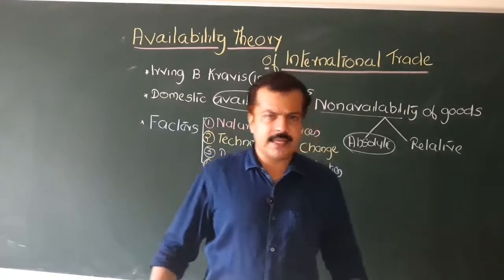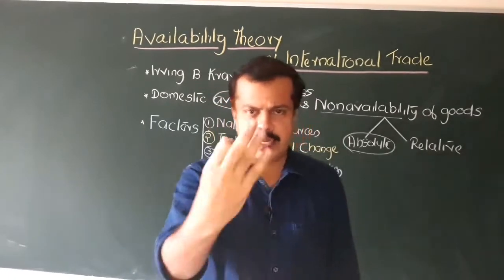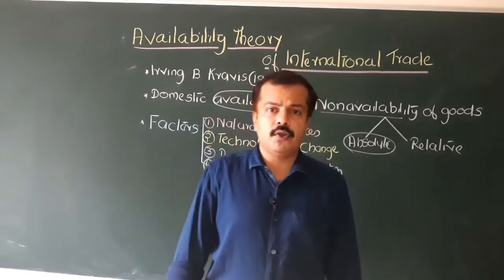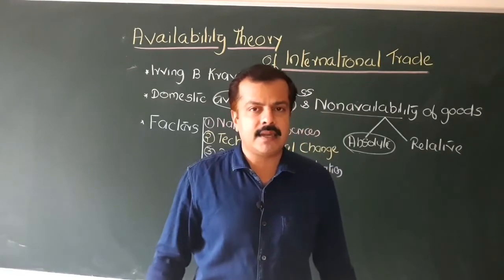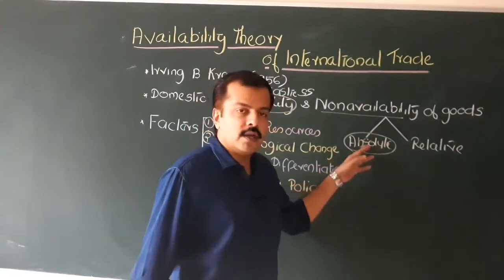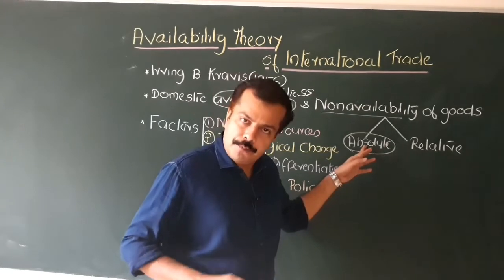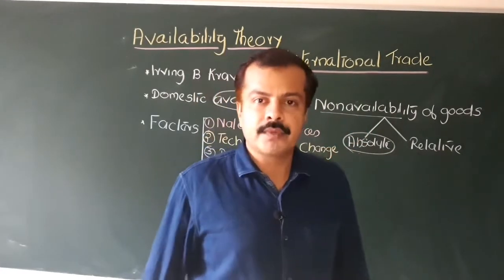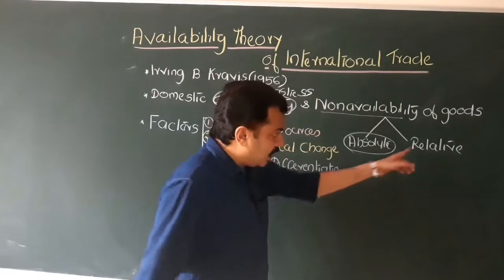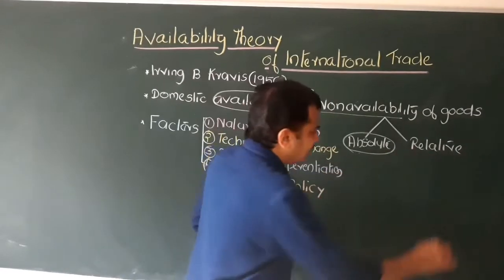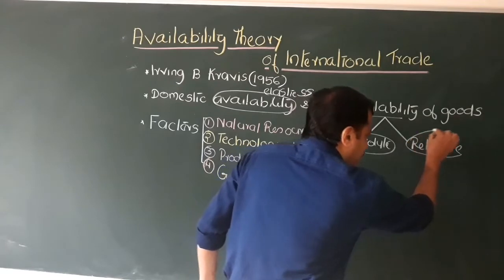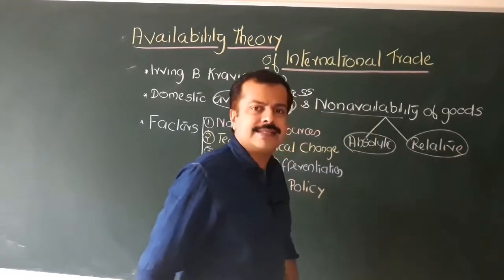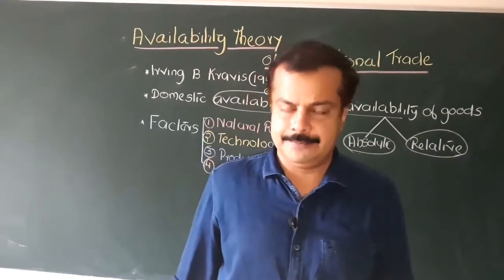Say, for example, diamonds in India. That particular commodity cannot be produced in the country. So if that commodity is not at all produced in the country, we call it absolute non-availability. If that commodity is produced in the country but it is not enough to meet the domestic demand, he calls it relative non-availability.